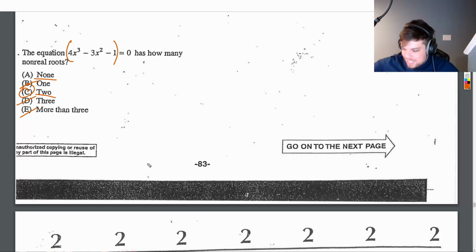Is there a way to immediately know that there are 2 complex roots there, or only 1 real root? You have to figure out what the real root was, and then notice that you have an irreducible prime polynomial. If you know of a way, in the comments, please tell me. Very interested, but I don't see one.